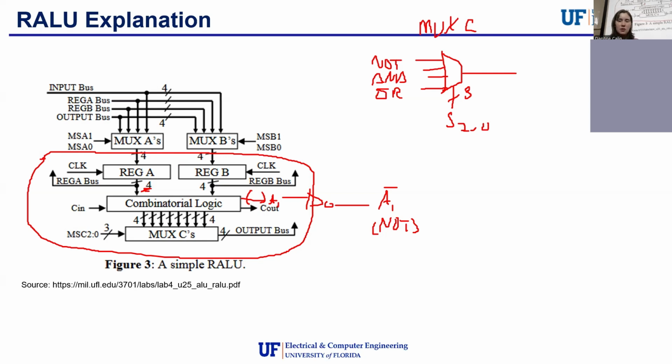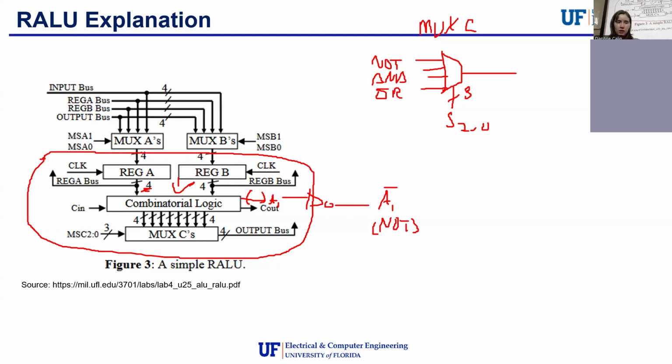And so what you have to do on top of that is add the registers in. I wanted to talk about the motivation for using the registers. You want to be able to control when new data is passed into this combinatorial logic section.